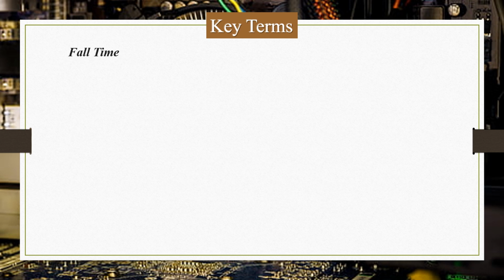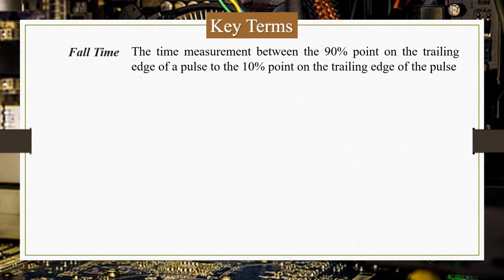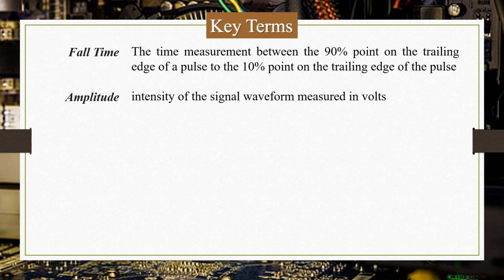Fall time is the time measurement between the 90% point on the trailing edge of a pulse and the 10% point on the trailing edge of the pulse. Similarly, rise time is the time measurement between the 10% point on the rising edge and the 90% point on the rising edge of the pulse. Amplitude means the intensity of the signal waveform measured in volts.